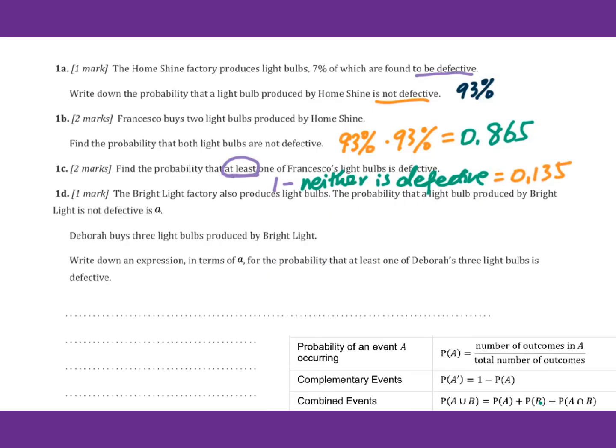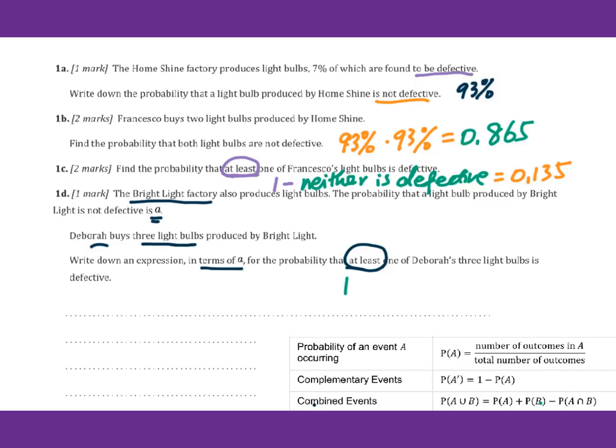Let's go to 1D. The Bright Light factory also produces light bulbs. The probability that a light bulb produced by Bright Light is not defective is A. So this person buys 3 light bulbs produced by Bright Light. Write down an expression in terms of A for the probability that at least, that's keyword, one of the 3 light bulbs is defective.